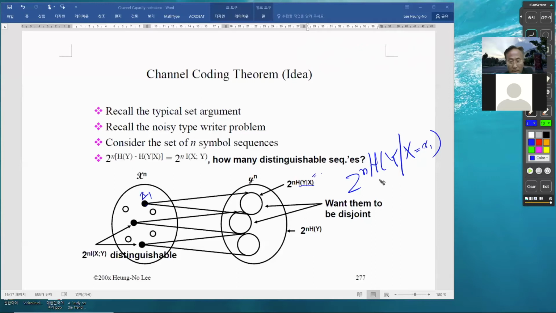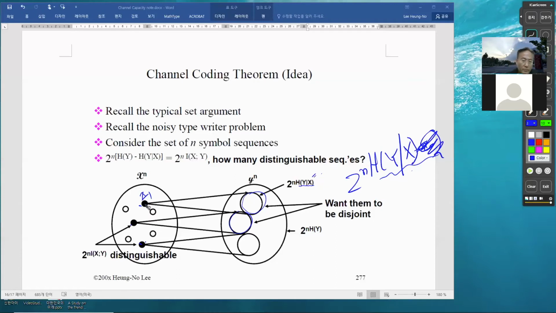But we can use the average one. For each input, the channel gives you some symmetric distribution on the output. So we can assume that each one of these output distributions for fixed x are the same, as we have seen in the symmetric channel. So we can just ignore this part.